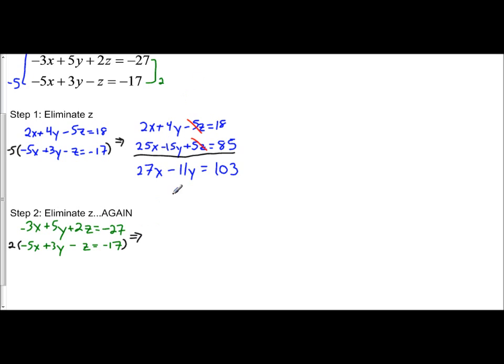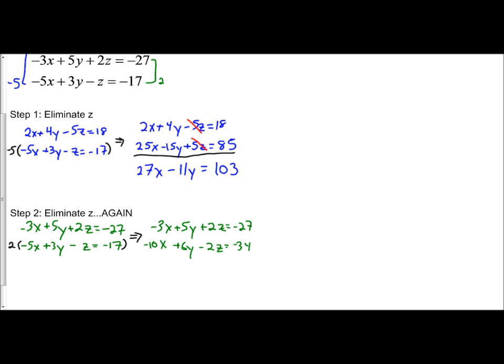And so I keep the top equation the same. Negative 3x plus 5y plus 2z equals negative 27. Now I'm going to double everything in this bottom equation. So I get negative 10x plus 6y minus 2z equals negative 34.